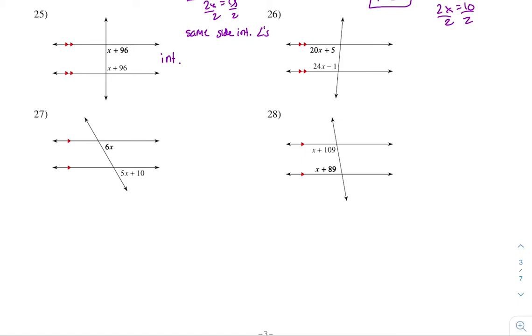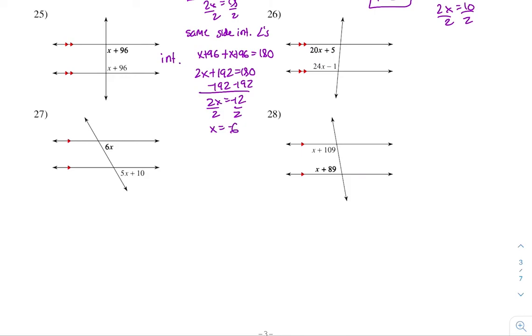Same side interior angles are supplementary, which means they add up to 180. So x plus 96 plus x plus 96 is equal to 180. We solve: x plus x is 2x, 96 plus 96 is 192. Subtract 192 from both sides. Divide both sides by 2, so x is equal to negative 6.